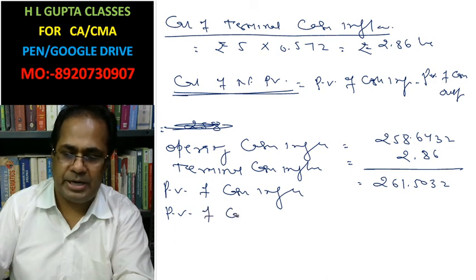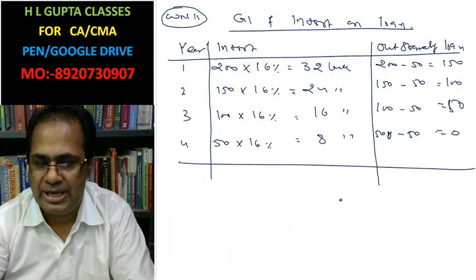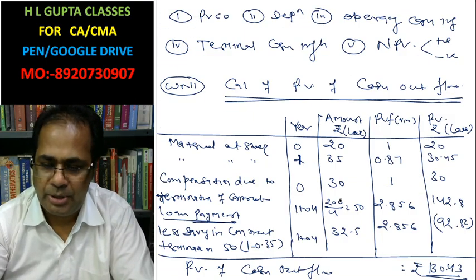Present value of cash outflow, we have already calculated here, 130.43.